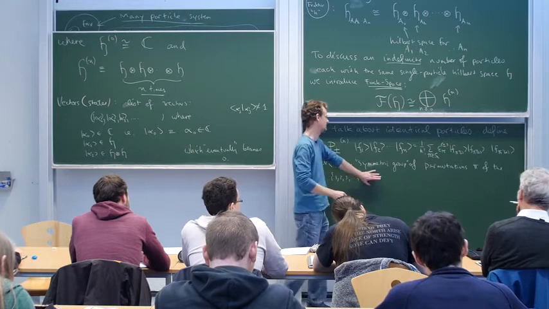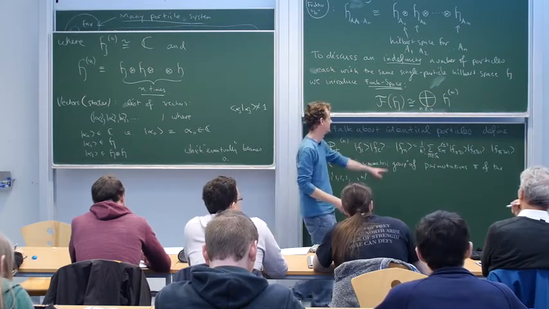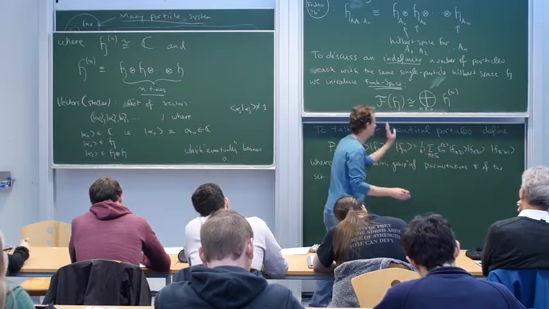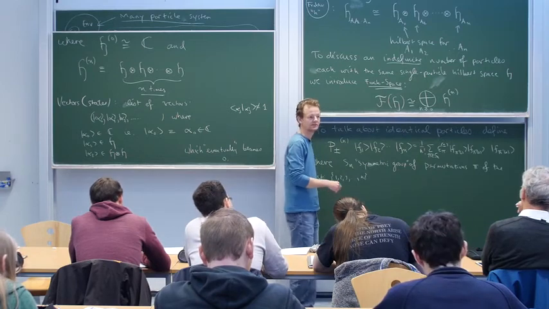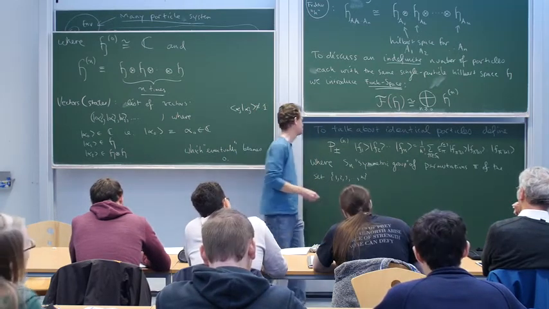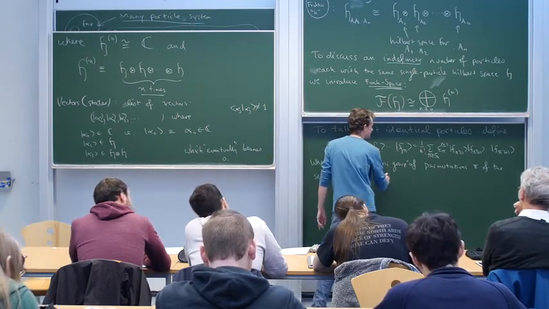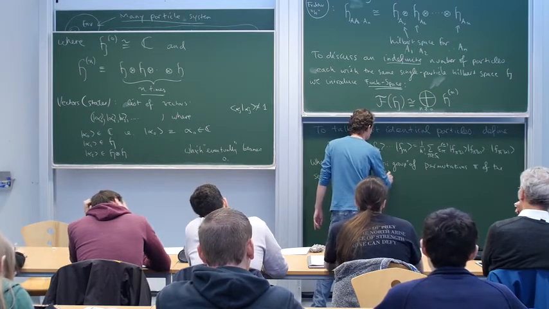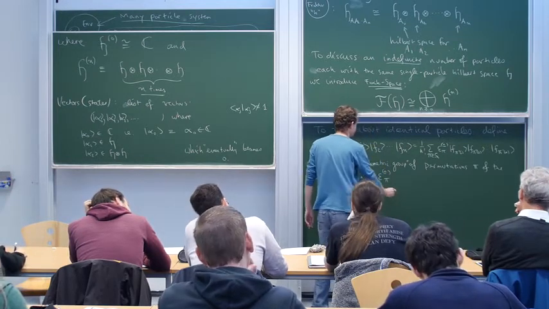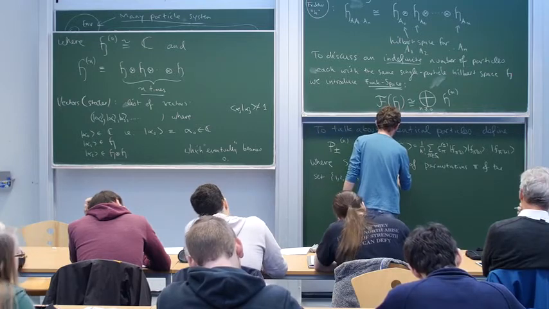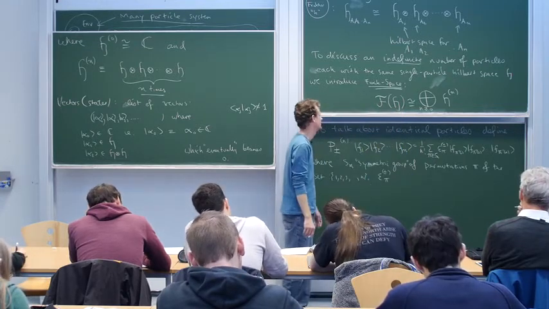Okay, that's the first thing I need to tell you what it is. Then what's this epsilon pi plus-minus thing? This is a character of the symmetric group, another fancy word for saying a number. So I'll just define it.